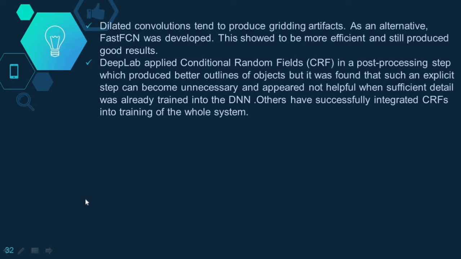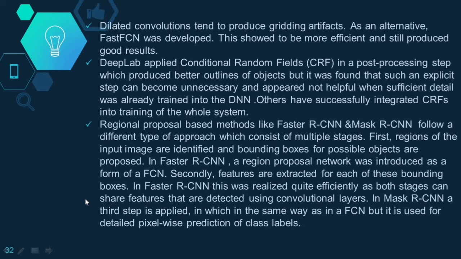Others have successfully integrated CRFs into the training of the whole system. And then region proposal based methods like Faster R-CNN and Mask R-CNN follow a different type of approach which consists of multiple stages. First, regions of the input image are identified and bounding boxes for possible objects are proposed.